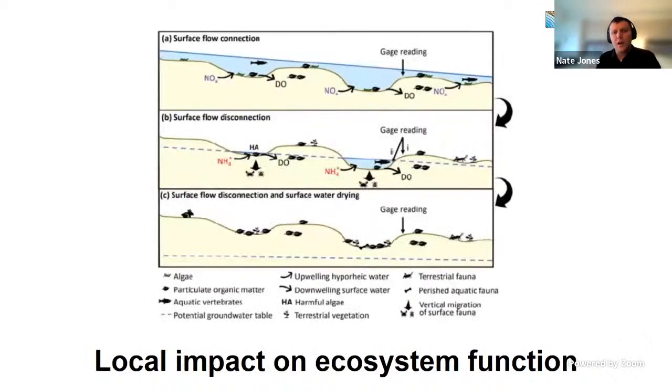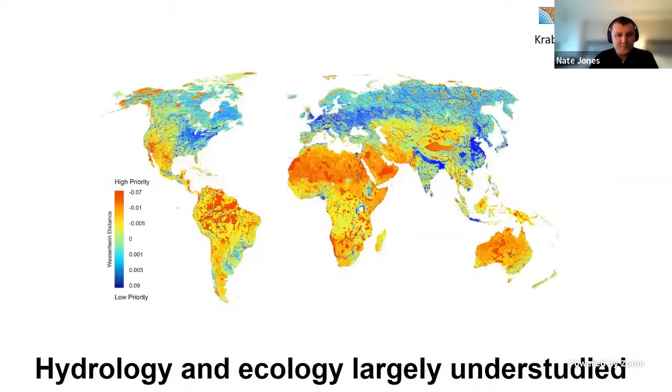But we do know, there's starting to be a ton more studies on this here at JASM this week. There's been multiple special sessions on this, and we know that at a local scale, this stream drying absolutely does have an impact on both the ecology of the system and also the biogeochemistry, so the downstream fluxes of solutes.